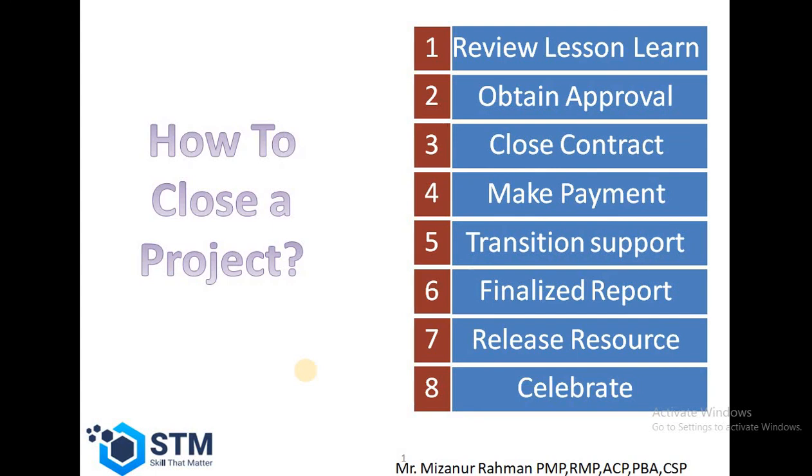So in a nutshell we can say these are the things: how to close a project, review the lessons learned, obtain approval, close contract, make payment, transition support, finalize report, release resources, and celebrate. These are the things we have to go through for closing a project.